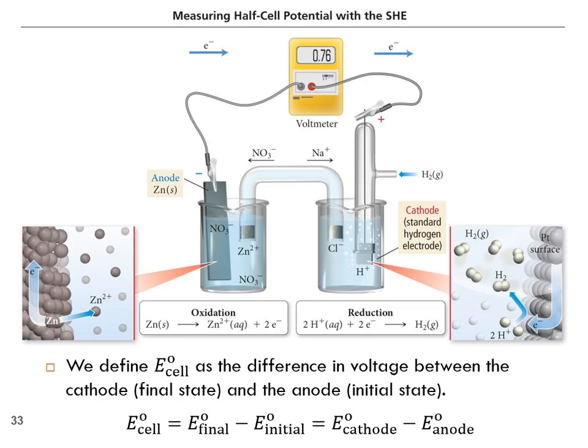If it's not spontaneous, like if we make this a copper electrode with copper ions in here, then the electrons won't flow because the copper half cell is more positive than the standard hydrogen electrode. And so electrons will not leave.